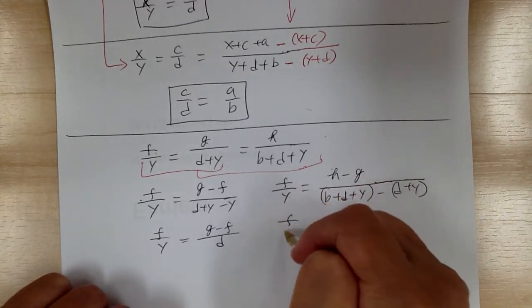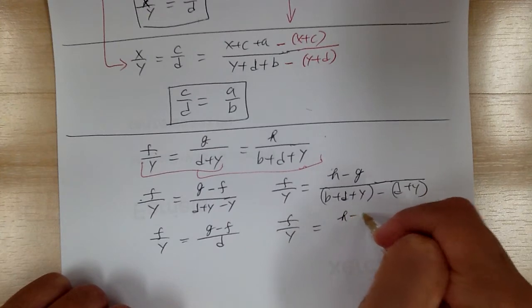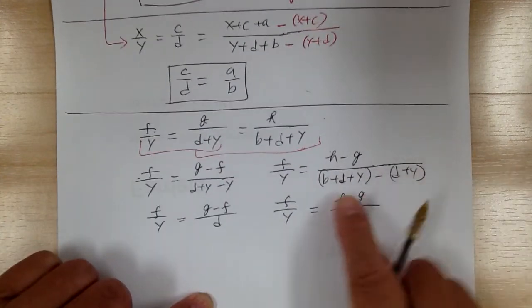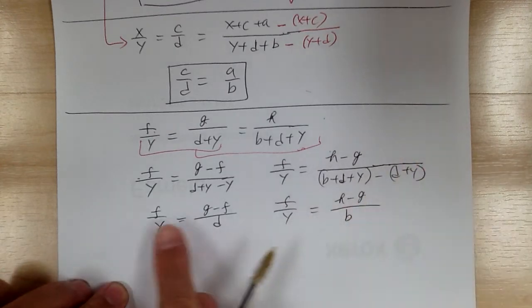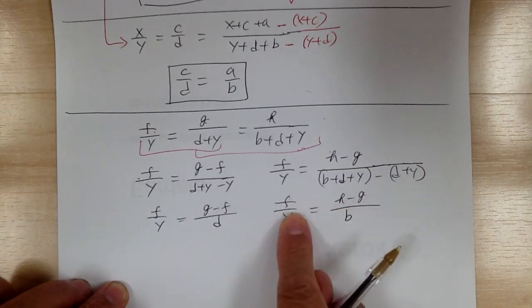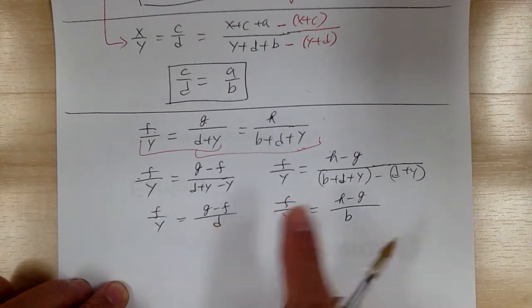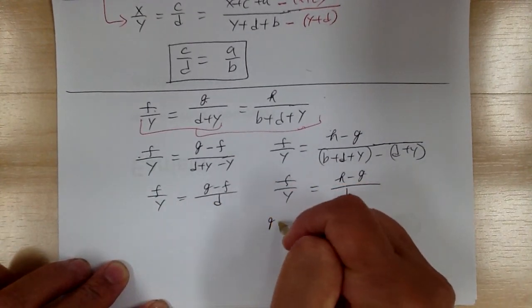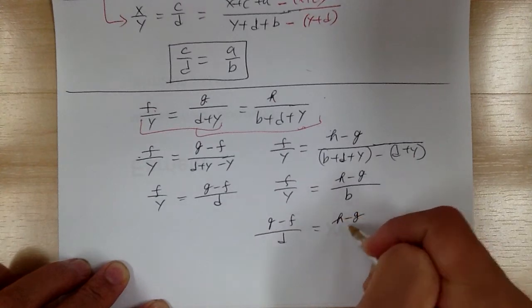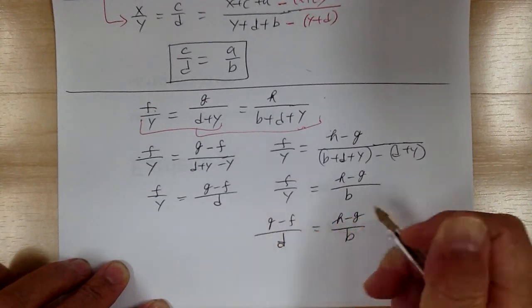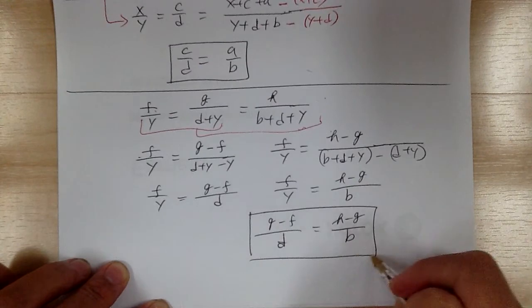So I get f over y equal to h minus g over, okay, a bunch of stuff is going to cancel out, so I get over b. Okay, now notice this is equal to f over y, this is equal to f over y, so these are going to be equal to each other. So g minus f over d will equal h minus g over b. Okay, and that's the last one we need to prove.